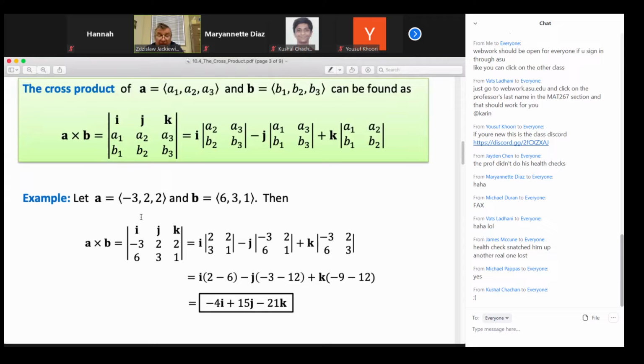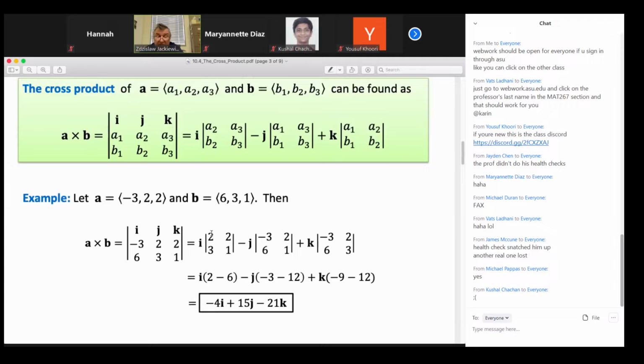Then you put the coordinates of vector A, so -3, 2, 2. And then you put the coordinates of vector B, 6, 3, 1. And then you expand, so that's I times the determinant 2, 2, 3, 1, minus J times the determinant -3, 2, 6, 1, and plus K times -3, 2, 6, 3.